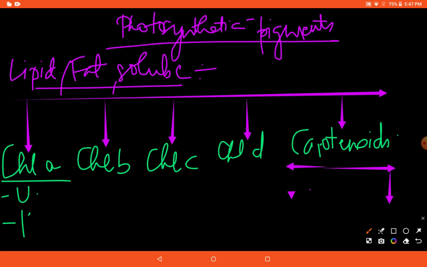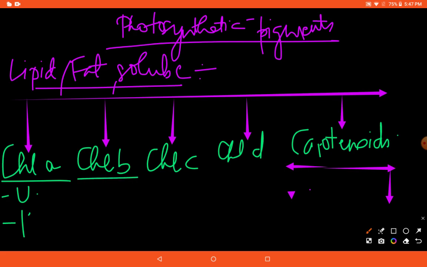We've got a structure like this, with 4 nitrogens, and in between you see a magnesium is sitting. These are not connected by an ionic bond, it's a non-ionic bond. Remember this. So it's universal. Formula I told you, C55H72O5N4Mg.